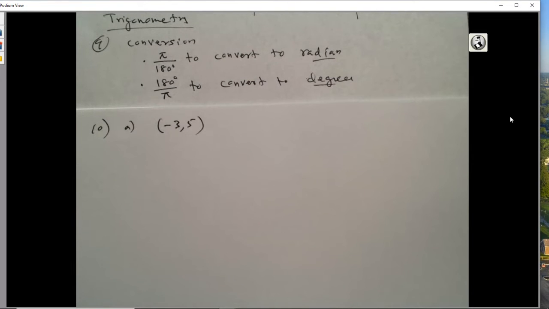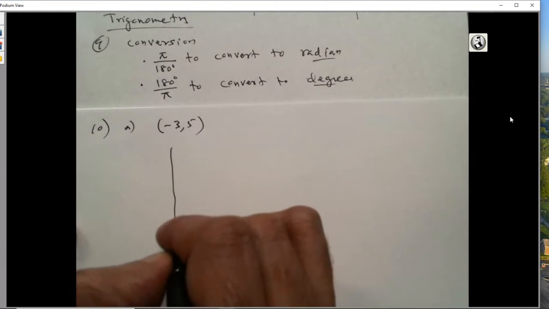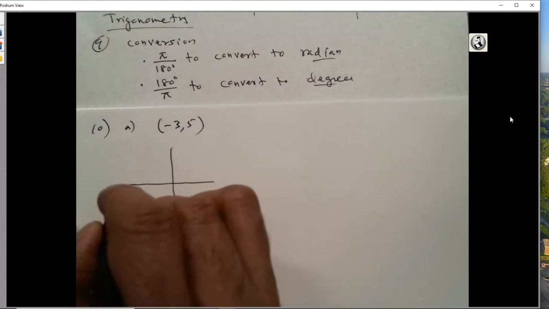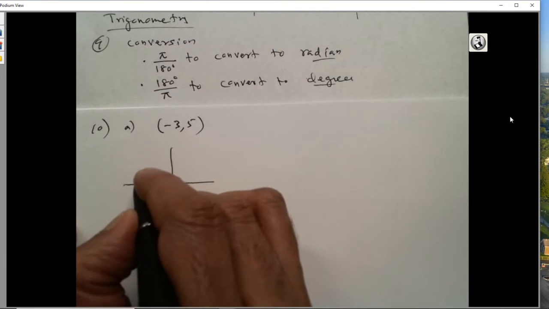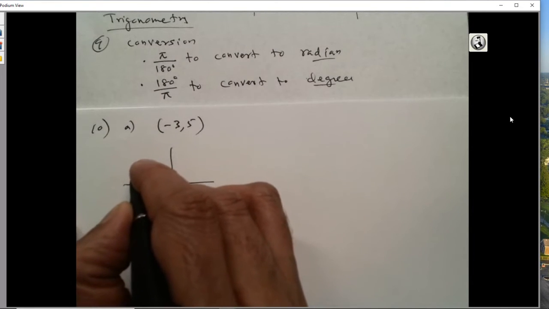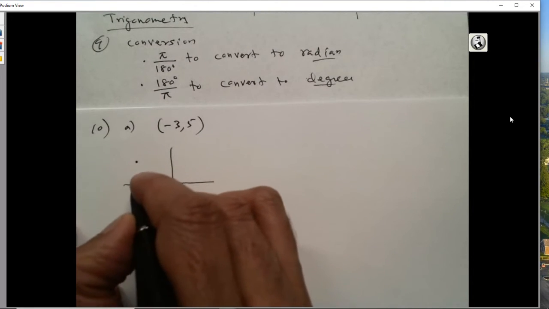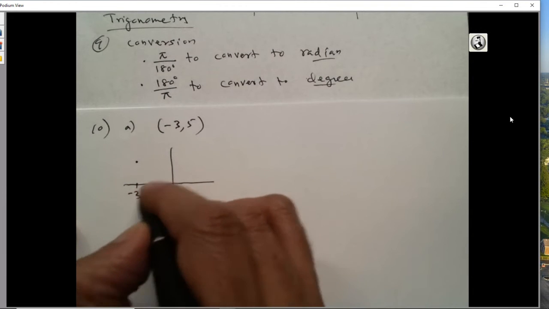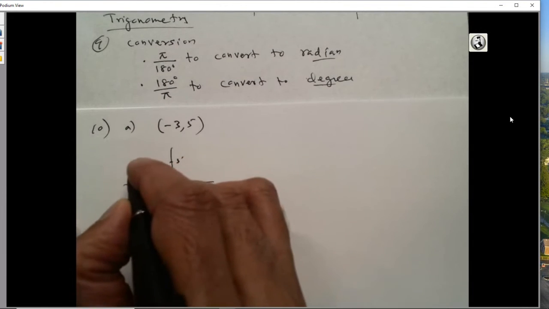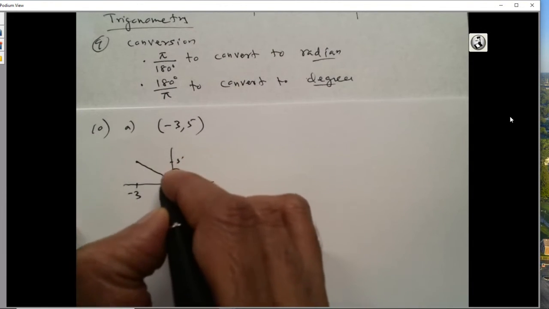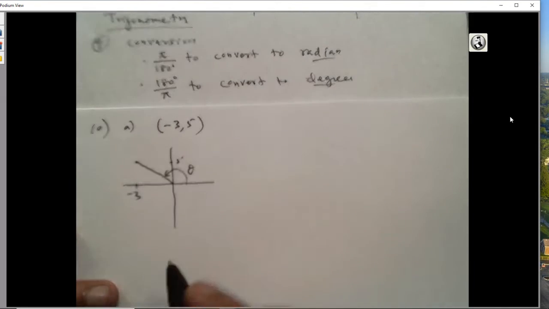Why? Negative x, positive y. So we go to the second quadrant and we draw the point. It's -3 and 5. So let's say it's here. That's the point, and that is the angle we are talking about, theta.